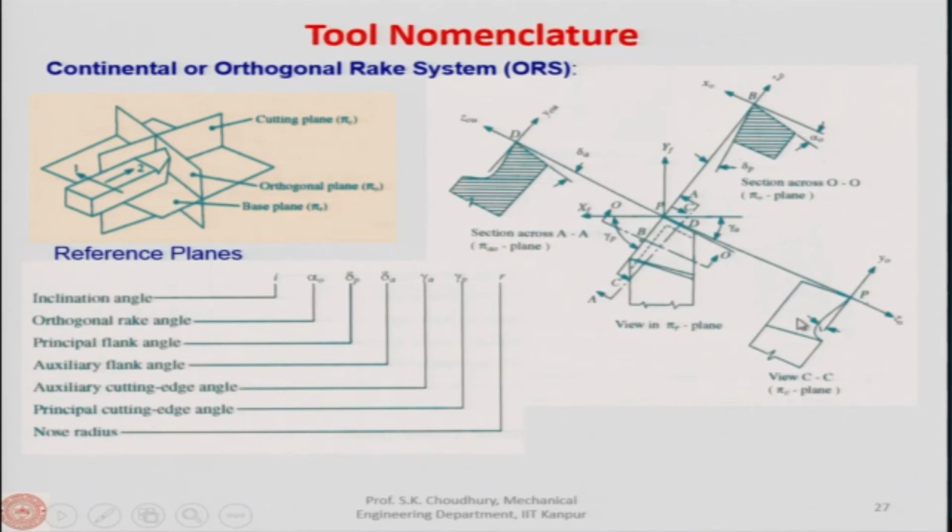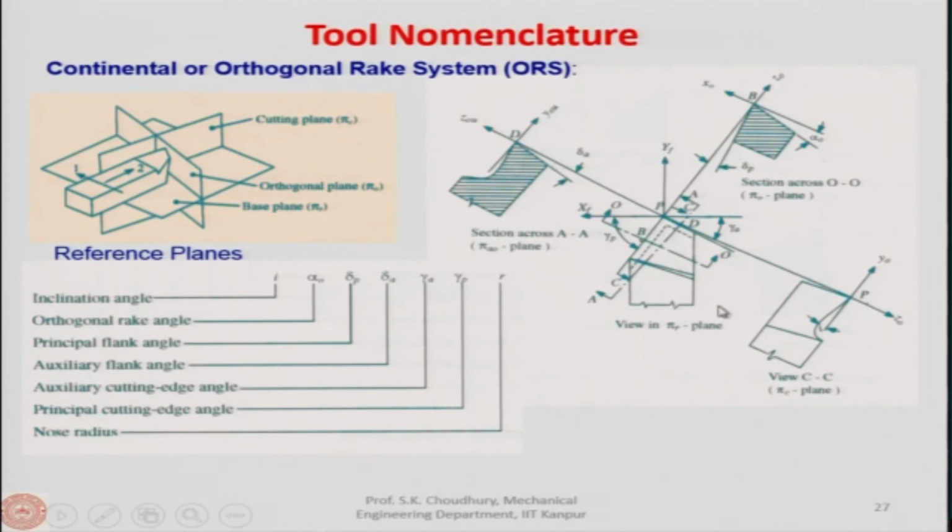In this view, this is the inclination of the rake face, and with respect to y0, this will be the angle which is called the tool inclination angle, which is I. This tool inclination angle is also called the angle of obliquity, that we will come to a little later.